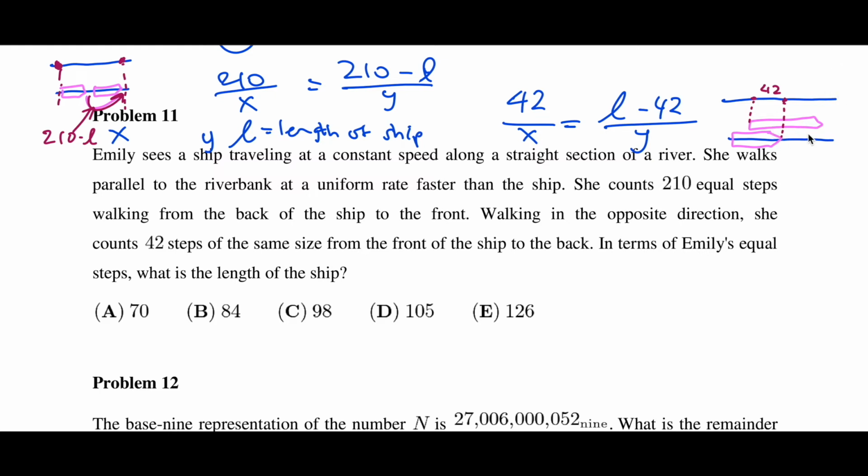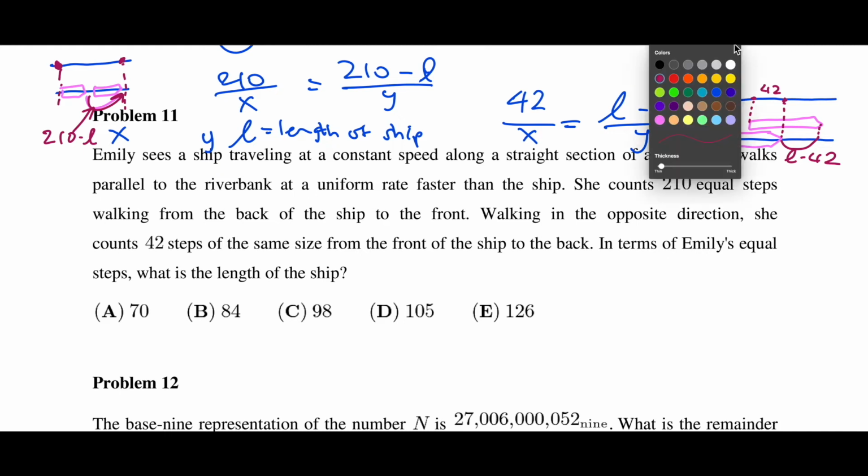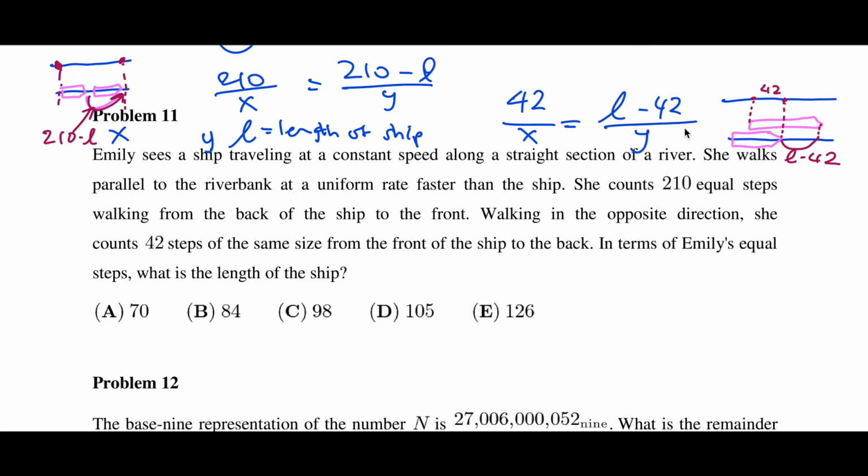So the distance the ship traveled, from here to here, is L minus 42. So that explains why it's L minus 42.